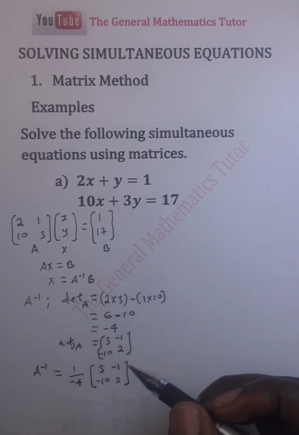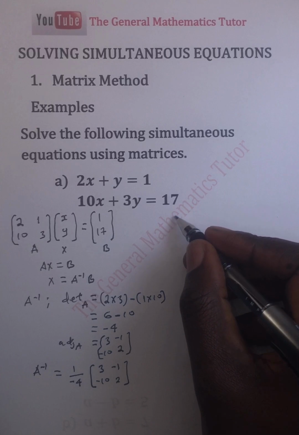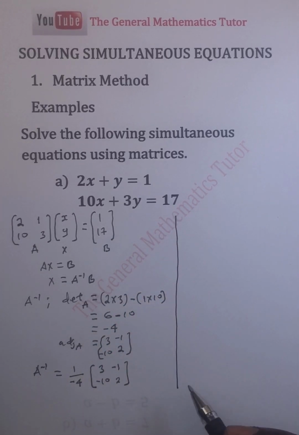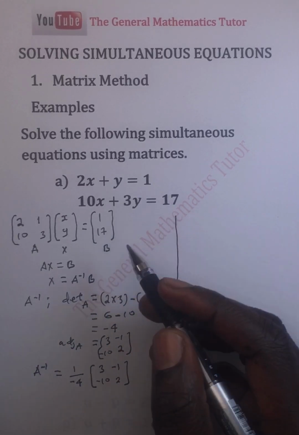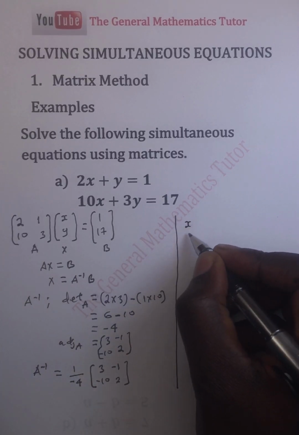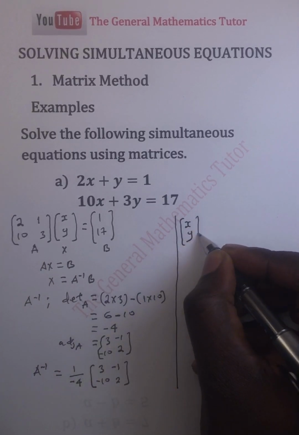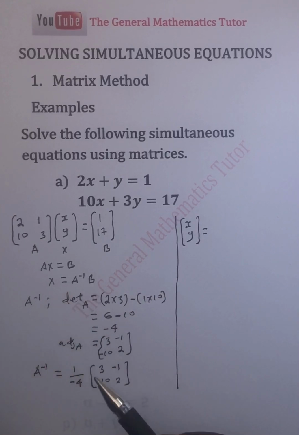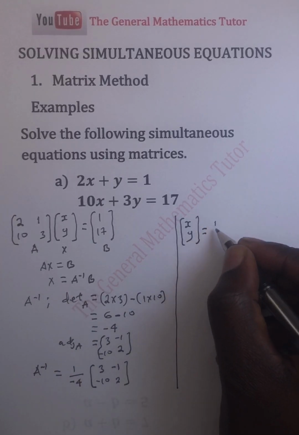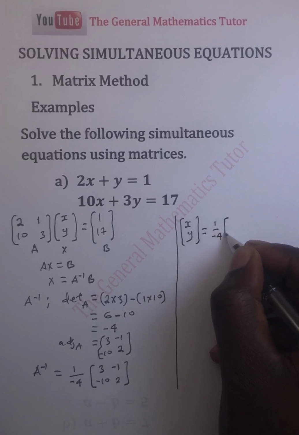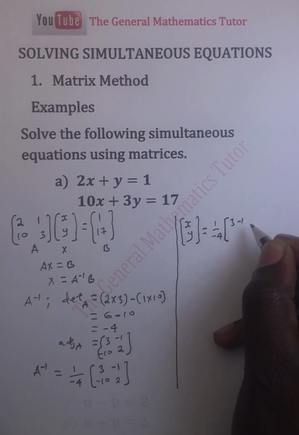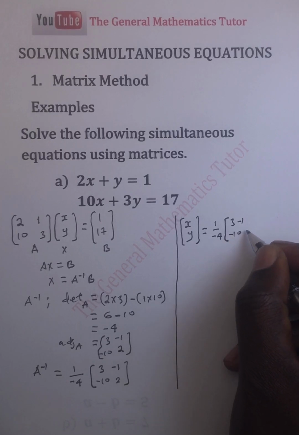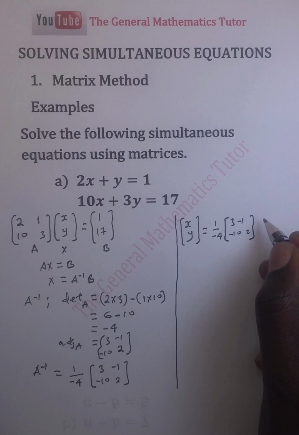So now that we have the inverse, we can obtain the unknowns, that is x. And remember, x was x, y, and we say that it could be obtained by multiplying the inverse of A, which we have as 1 over negative 4 times 3, negative 1, negative 10, 2, times B, and B is 1, 17.